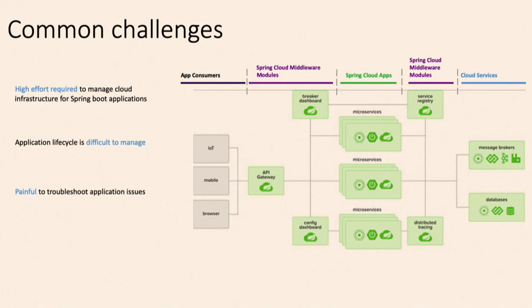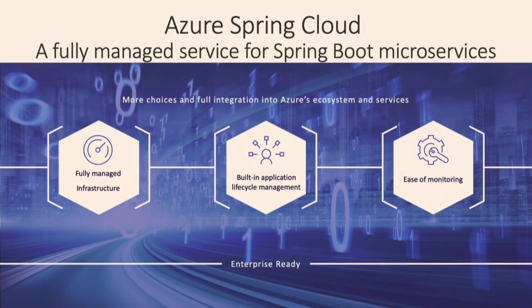When you've got several microservices, you want to understand where the issues are, and you need to trace everything. Those are common to any microservice stack. It's, of course, happening with Spring Boot. And, of course, you can run your Spring Boot applications yourself, but we think that there is a better way to do it. So with Azure Spring Cloud, we propose a solution to those three issues.